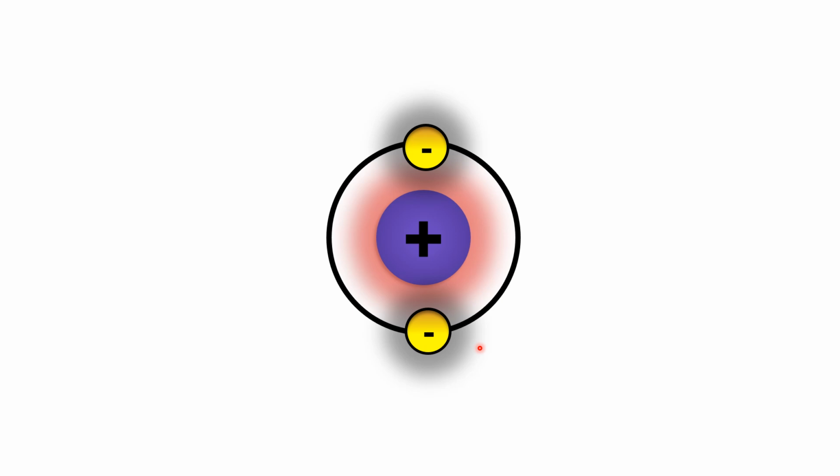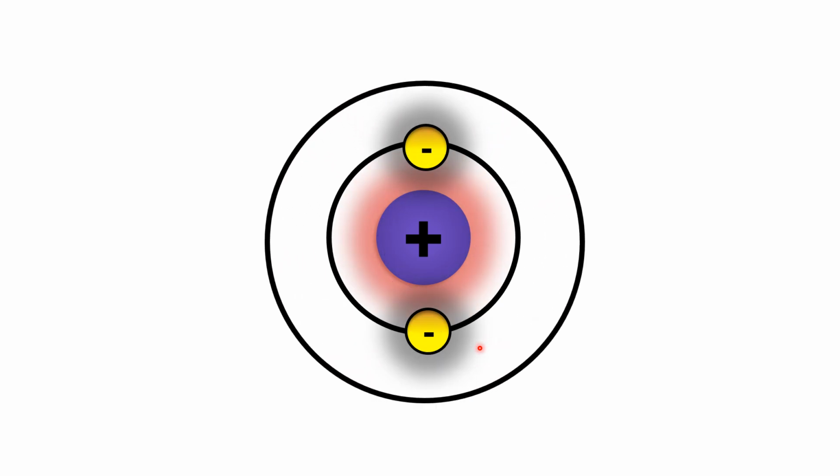So dear student, the K shell consists of a maximum of 2 electrons. The second energy level around the nucleus is known as the L shell. The L shell has 2 subshells, known as 2s2 and 2p6.